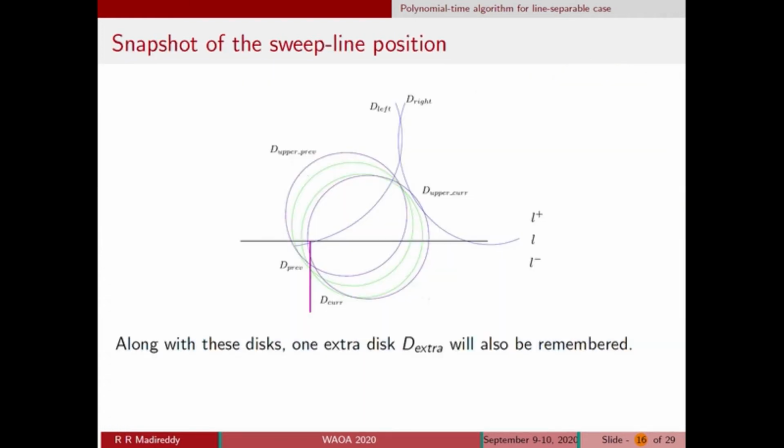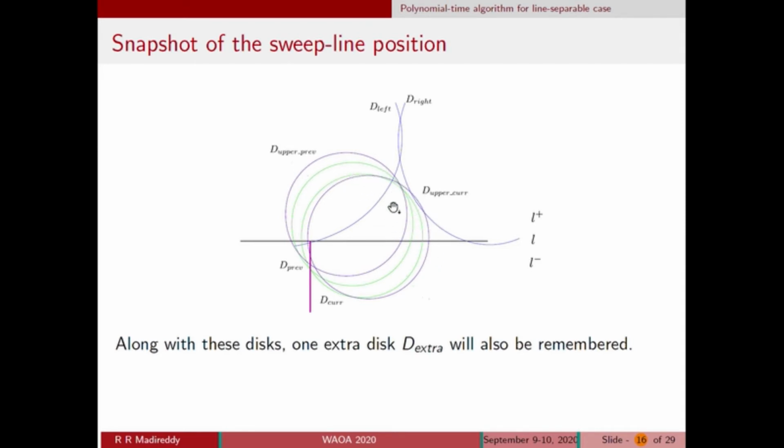The snapshot of the sweep-line position is captured in this way. Suppose this is the sweep-line position, and the sweep-line is always placed at the intersection of two disks in the region L minus. Suppose this green one, D previous, and D current are the disks, but it might be that these two are completely covered by some other disks in the type D block.